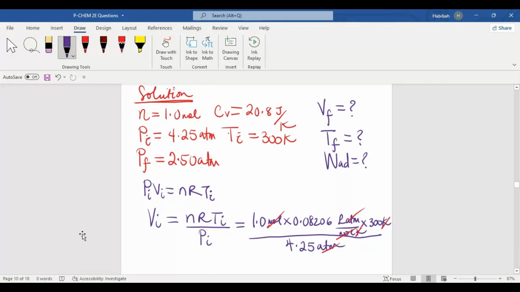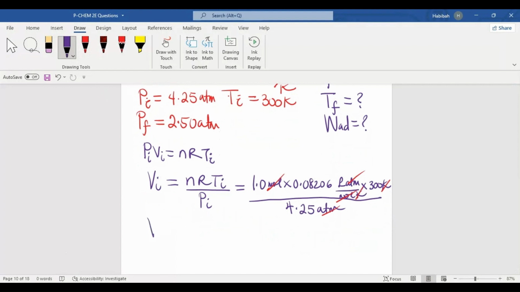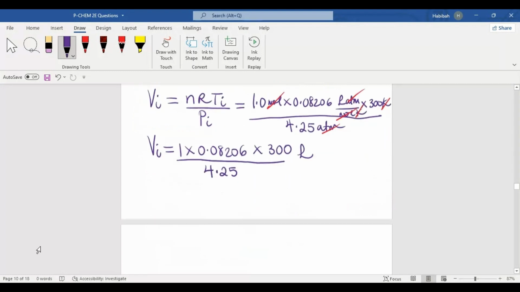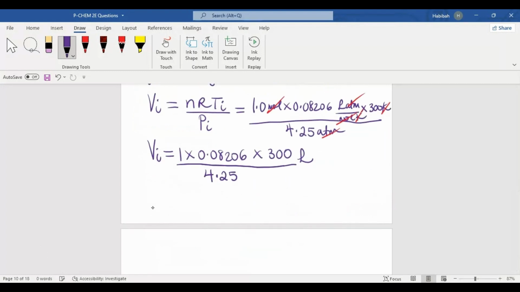So V initial is going to be 1 times 0.08206 times 300 divided by 4.25, all of which is in liters. So V initial is now going to be 5.7925 dm cubed or liters.